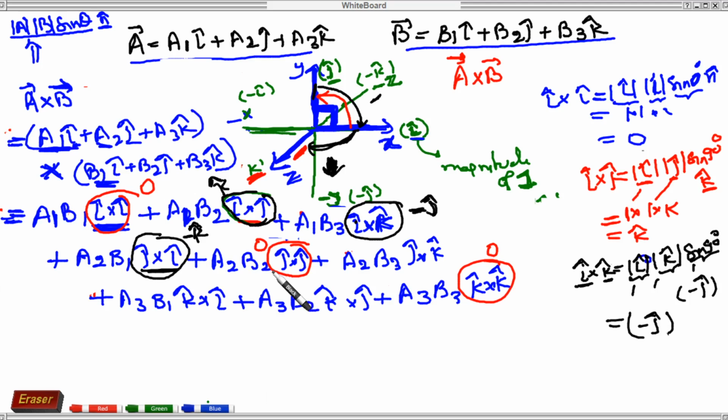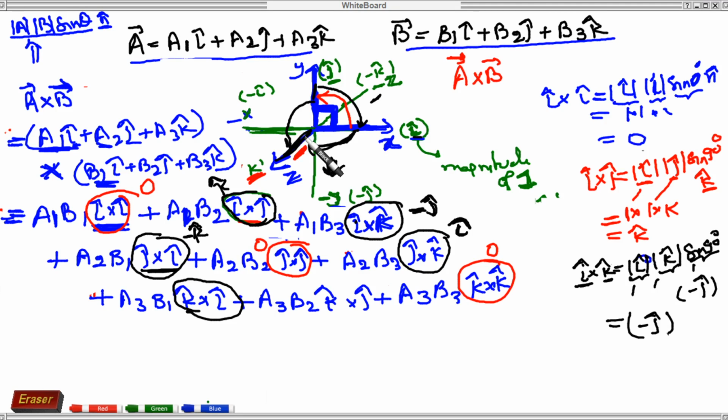Here it is 0. What will be j cross k? Looking at i, j, k, j to k, you have to rotate your fingers from j to k. So it will be i. You have to do it in a similar fashion. And what would be k cross i? This is k and i.